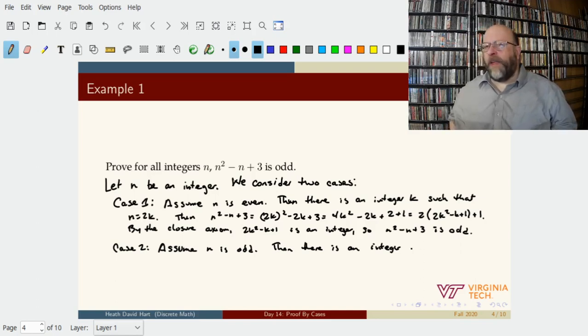Interestingly, I'm allowed to go ahead and use k again down here because these can't happen simultaneously. There is no universe in which n is odd and even at the same time, and therefore if n is odd, this k never got defined, and so I'm not defining k to be two different things.